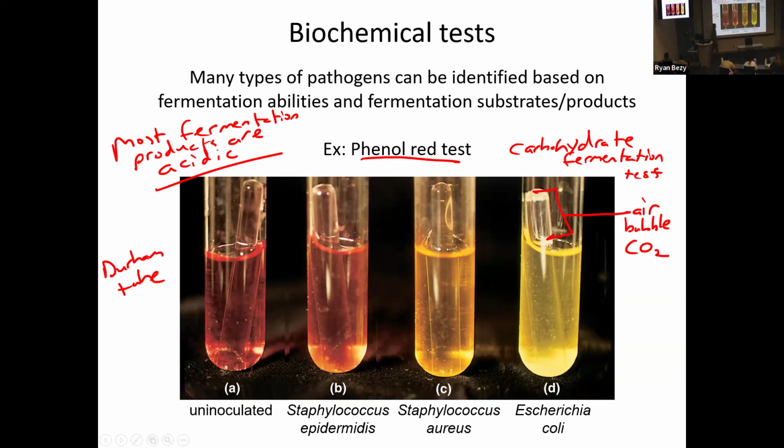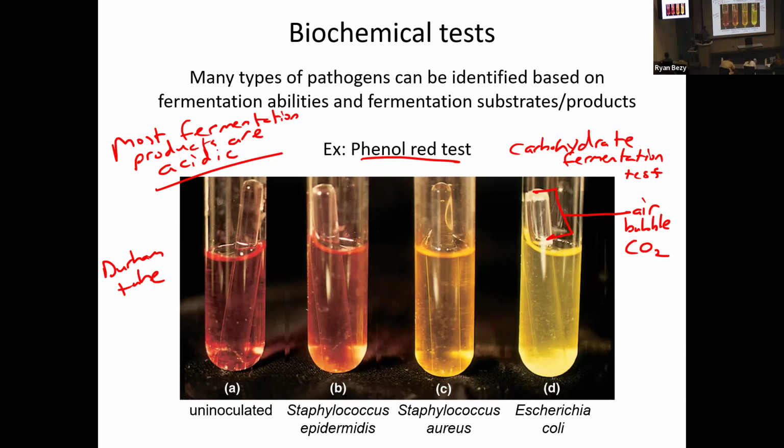That's also positive for fermentation, but more specifically, it makes CO2 gas as one of the products of fermentation. So here you see the air bubble. That is going to mean that Escherichia coli does ferment the sugar, but also specifically makes CO2 gas as one of the fermentation products. Here you're seeing no air bubble in the tube, and so that does do fermentation, still a positive result, but without CO2 production.